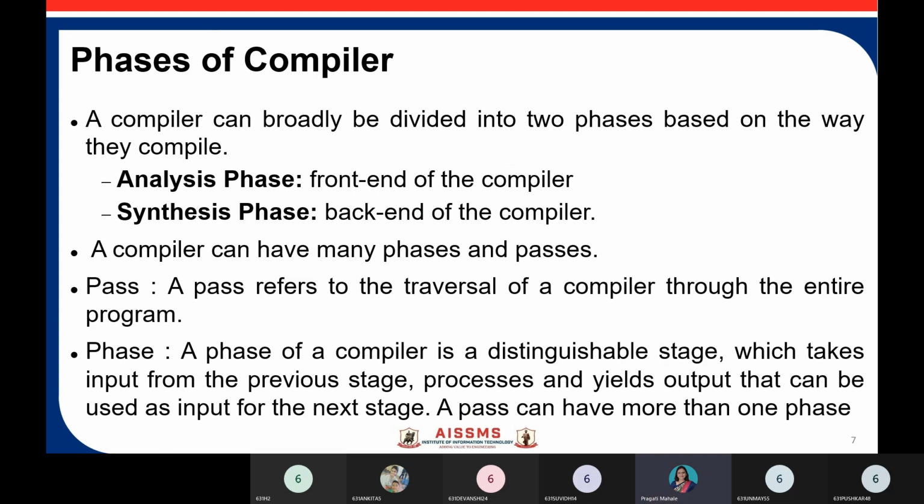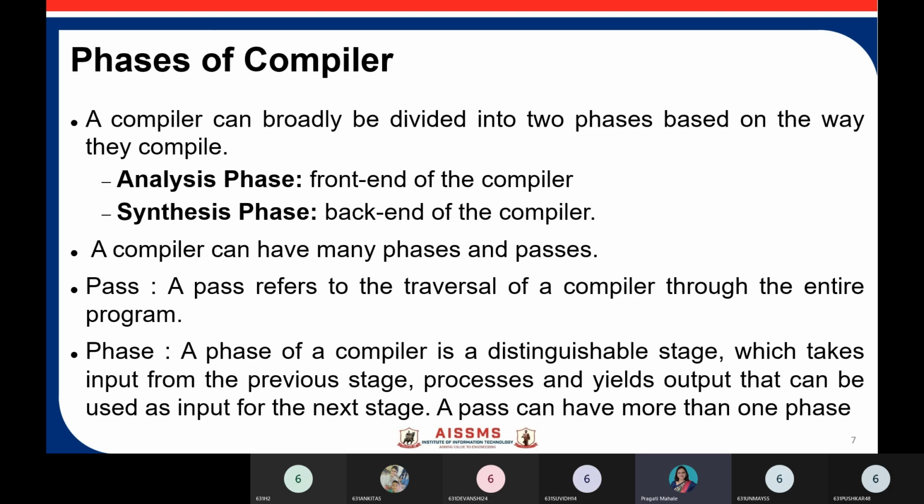Okay. And then we come to the phases of the compiler. So we have seen that there are two major phases in the compiler, that is the analysis phase and the synthesis phase. Sometimes there is also a question asked on this particular topic, that is explain the different phases of compilation, right? Or explain different phases of compiler.